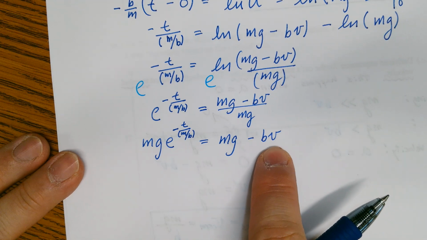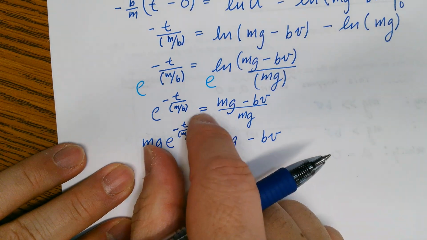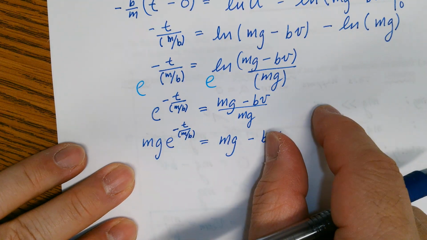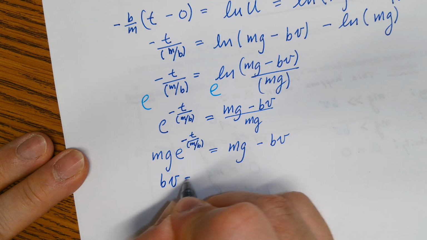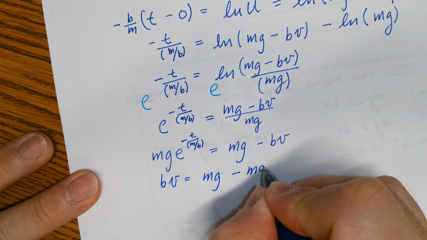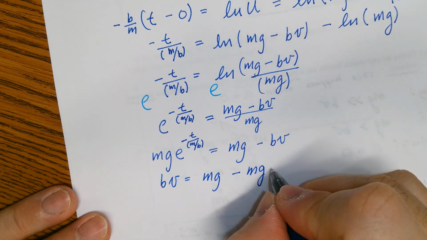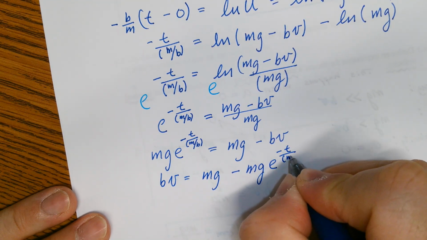I'm going to bring this negative bv to one side and this to the other side. So bv is equal to mg minus mg times e to the negative t over (m over b).